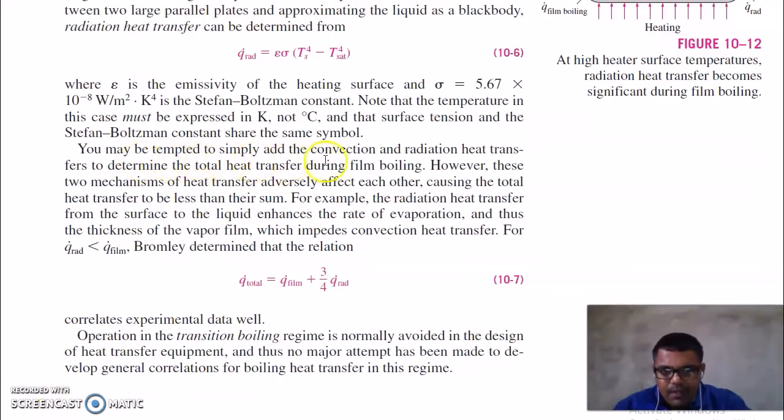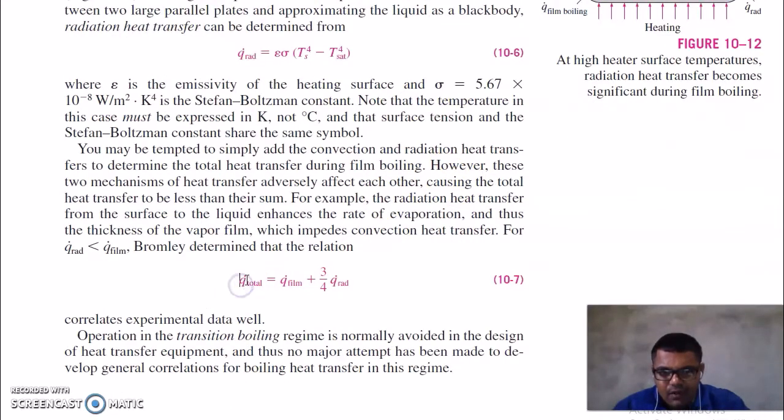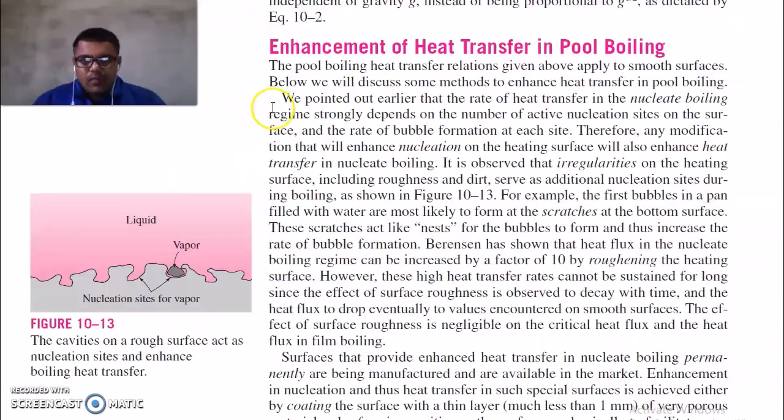You may be tempted to simply add the convection and radiation heat transfer to get the total heat transfer, but this is not so. The actual heat transfer is equal to film plus 3/4 of radiation heat transfer.